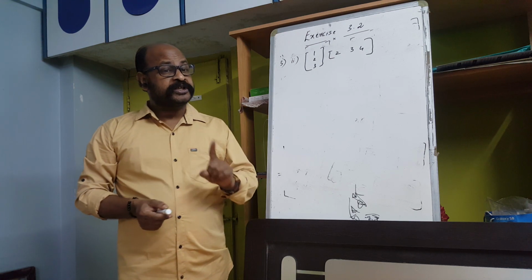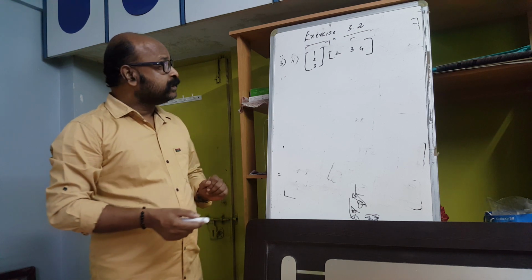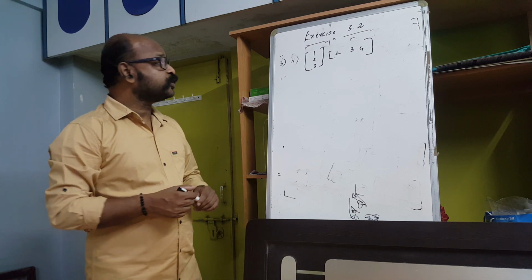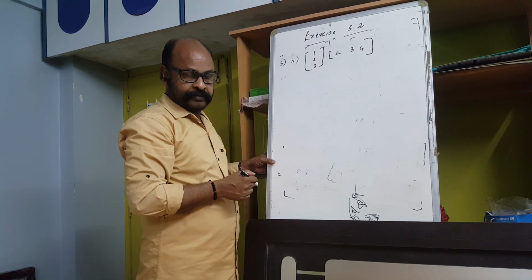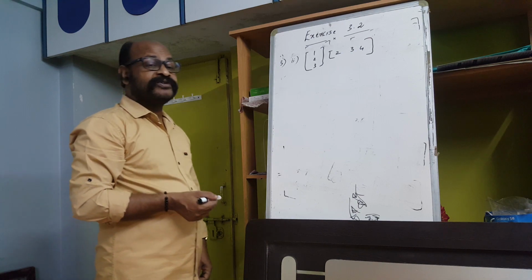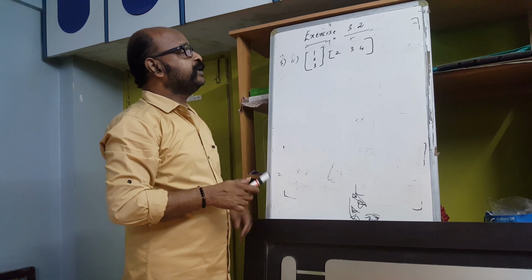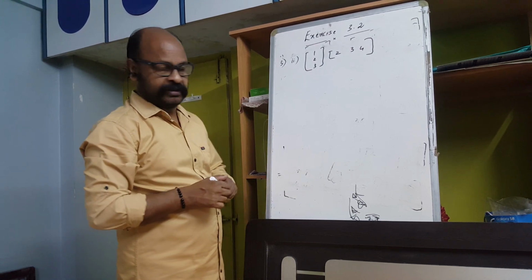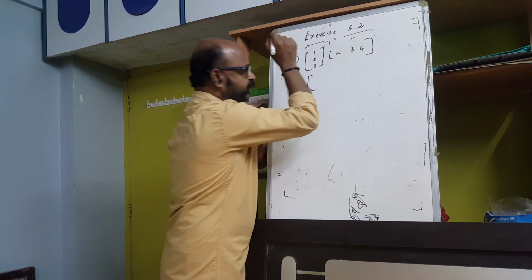Check whether the product is possible or not. The number of columns of the first matrix, which is 1, must be equal to the number of rows of the second matrix. How many rows? Only 1. So the product is possible.